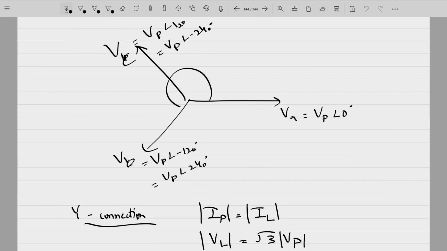This is your phasor diagram between the phase voltages Va, Vb, Vc. इसी पे मैं बना लेता हूँ. ये तीनों इक्वल मैग्नीट्यूड्स के हैं.